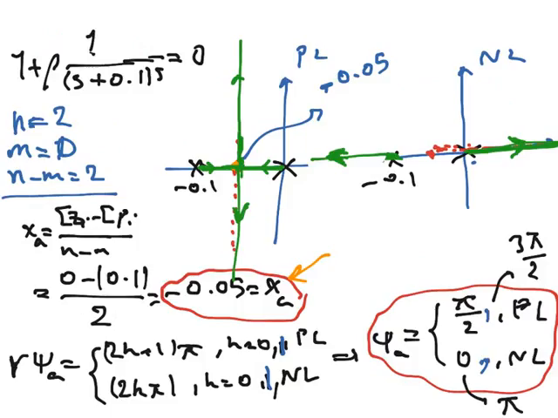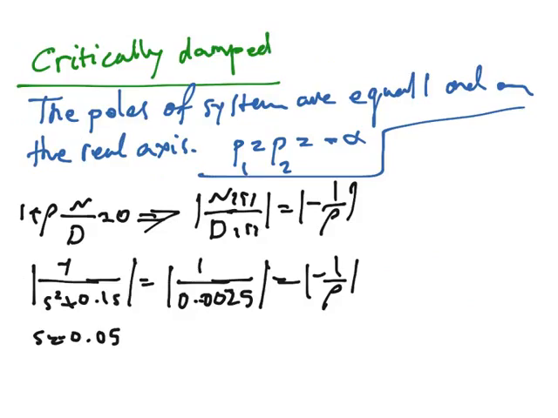However, we know that the value of rho in this case should be positive, because it happens only in the case of PL. So from here we can say that rho is equal to 0.0025.